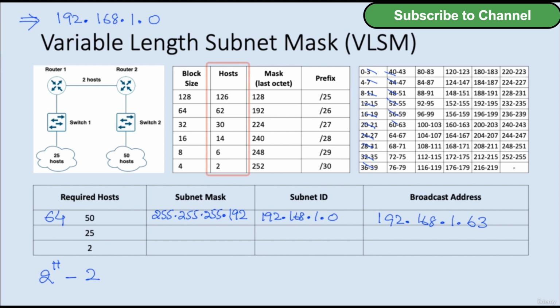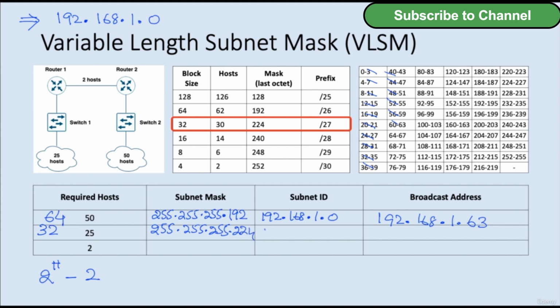Now we will work on the 25 host computers requirement. If you see the host column, we cannot give exactly 25. We have to give 30 host addresses. In that case, I'm going to give the block of 32, and the subnet mask will be 255.255.255.224.